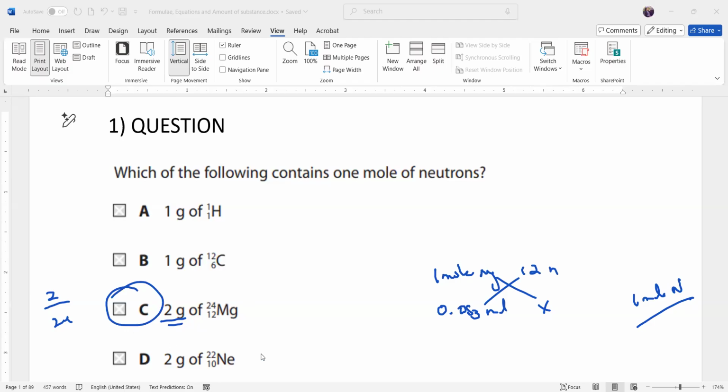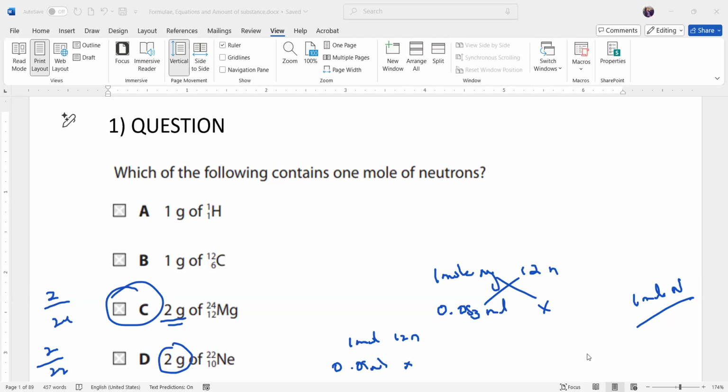What about D? Because 22 minus 10, we get 12 neutrons. So 1 mole contains 12 neutrons. How many moles do we have? 2 divided by 22, because moles is mass in grams divided by molar mass. So we have 0.09 moles. So how many neutrons will there be? 0.09 times 12.